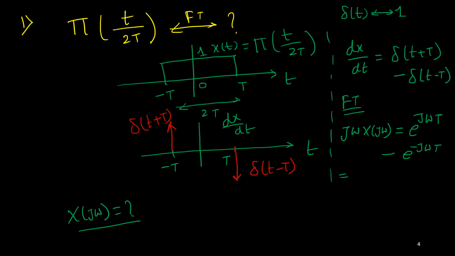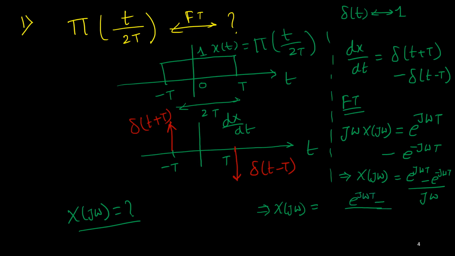So if you simplify this, then capital X of j omega will be e to the power j omega T minus e to the power minus j omega T upon j omega. So I can consider this as e to the power j omega T minus e to the power minus j omega T upon 2j.